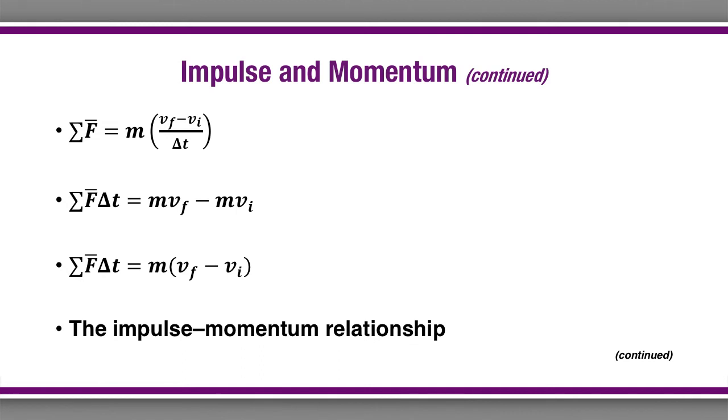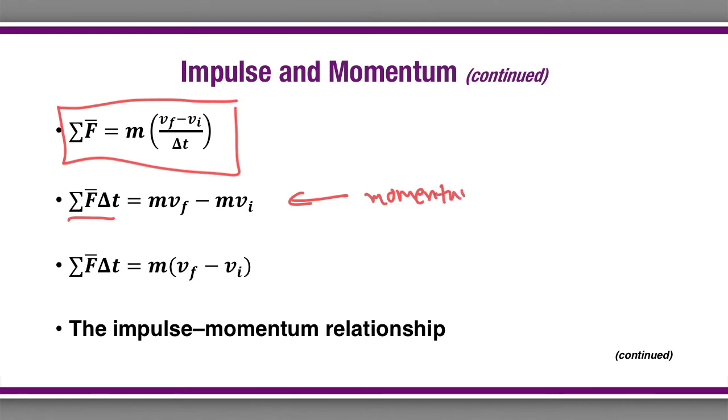So mathematically rearranging F equals ma into this first formula here of the sum of forces is equal to m times change in velocity over change in time, we then multiply each side by time, rendering force times change in time is equal to mass times the final velocity minus mass times the initial velocity, or what we know is momentum here, okay?